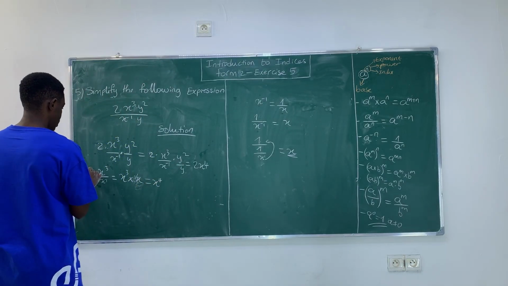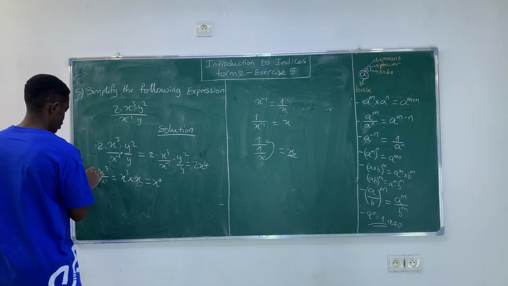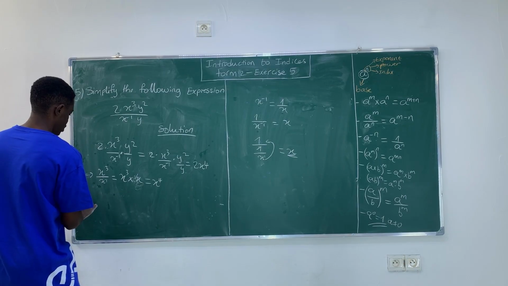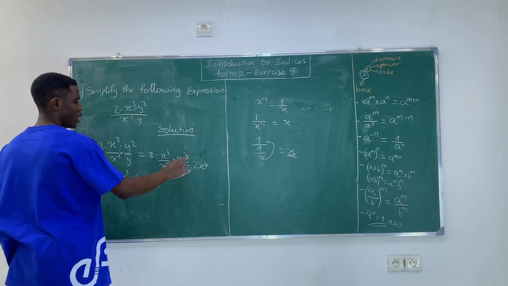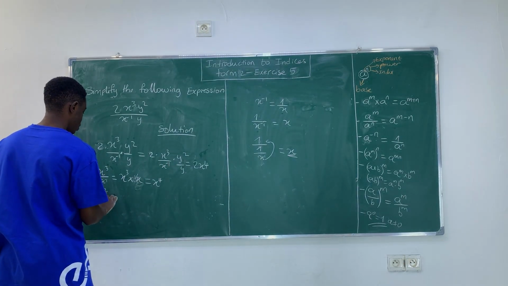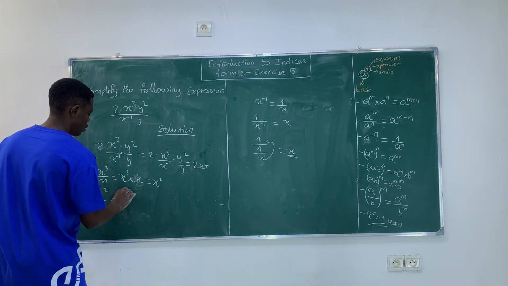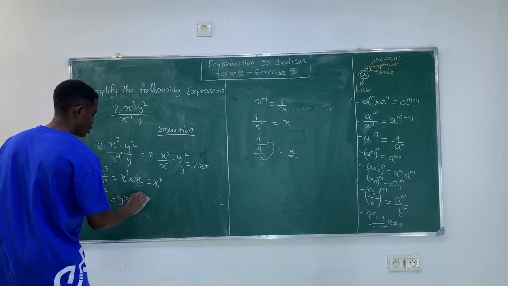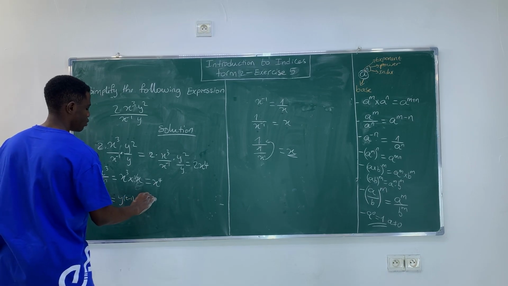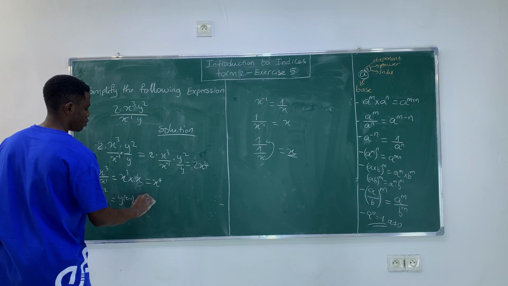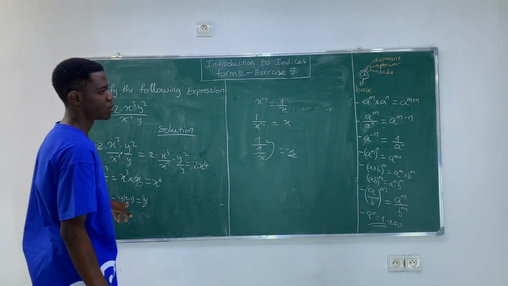Here, how do you solve y squared over y? y squared over y is the same as y to the power 2 minus 1, which equals y. Why is it y to the power 2 minus 1?